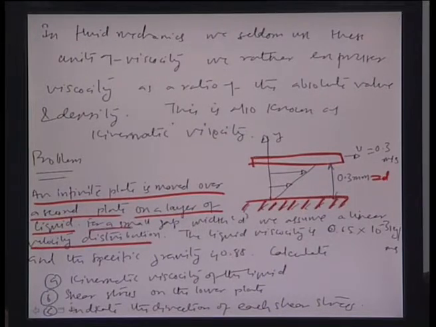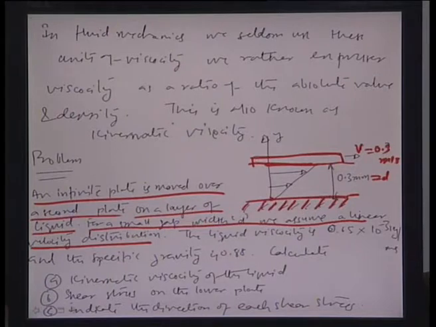The velocity varies from 0 at the point of no slip, all the way up to v equal to 0.3 meters per second, which is the velocity of the moving plate. The fluid adjacent to this plate moves at the same velocity, because there is another zone of no slip here. So there is a relative velocity between the point at the top and the point at the fixed plate surface at the bottom.